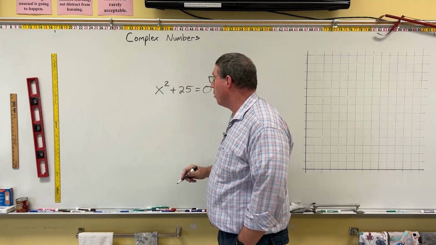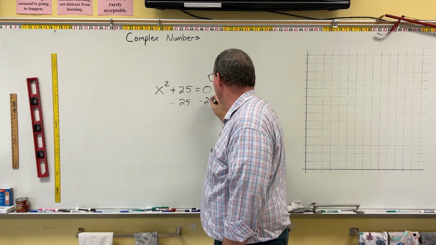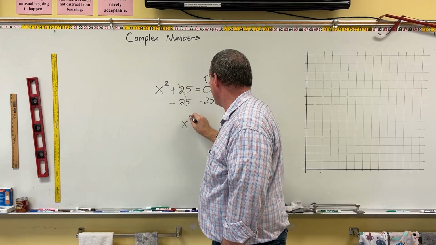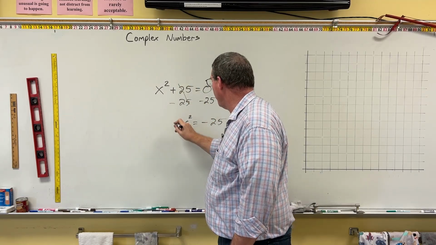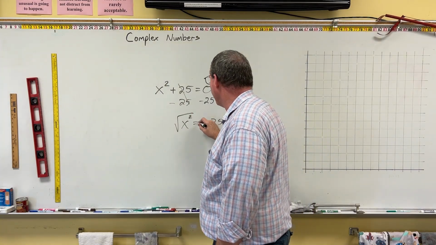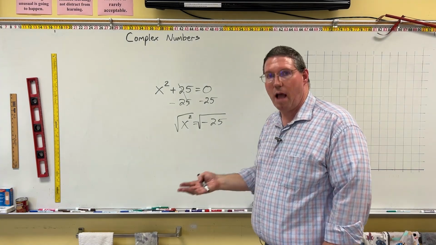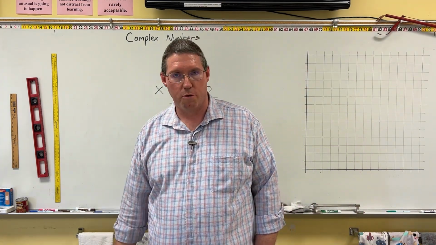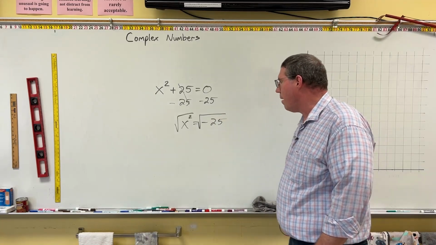Well, one way of approaching this solution is to subtract 25 from both sides, in which case we would have x squared is equal to negative 25. And then, of course, to solve this, we would take the square root of x squared, but then on this side, we would have to take the square root of negative 25, which is nonsense. It's impossible, no solution.